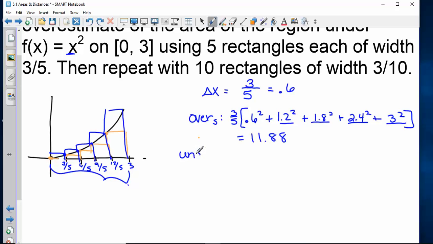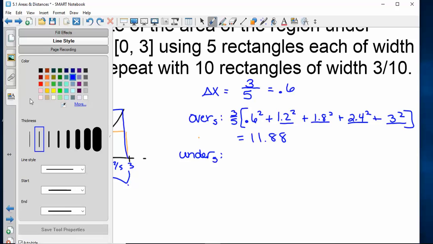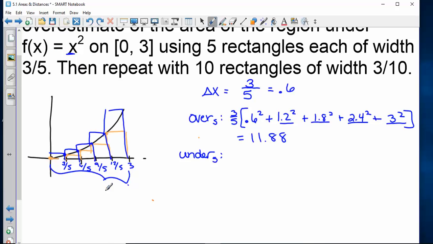For my underestimate with 5, the difference here is now I'm using those orange rectangles. What's going to change is your starting and ending point. This time the first x that I plug in will be 0, and the last one will be my 12/5 or the 2.4.